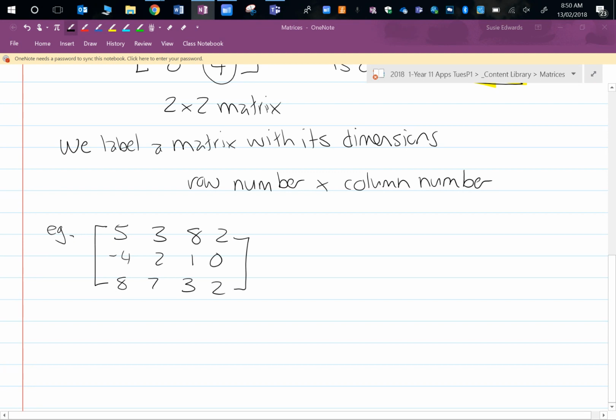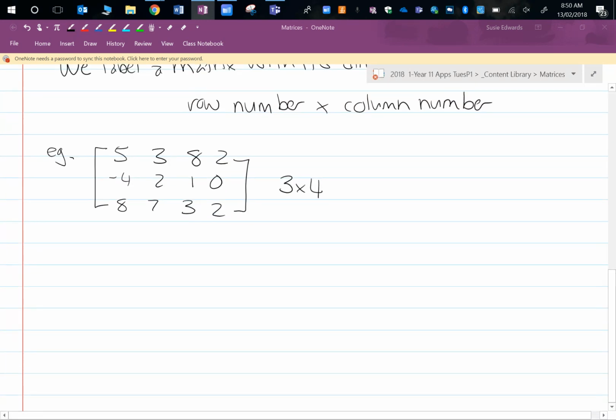If we had this matrix, what would its dimensions be? 3 by 4. 3 rows, 4 columns. Now, these numbers are actually going to be really important when we start particularly multiplying matrices together. You're going to need to know them. Everyone good with that, though? It makes sense? It's not very hard. It's just that there's different words and things.